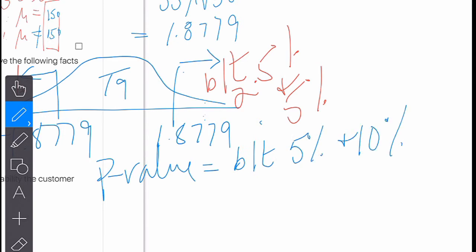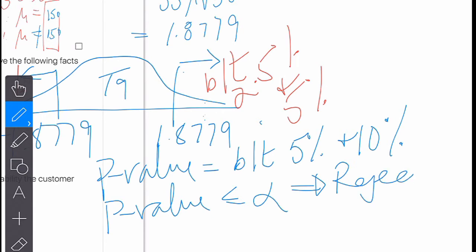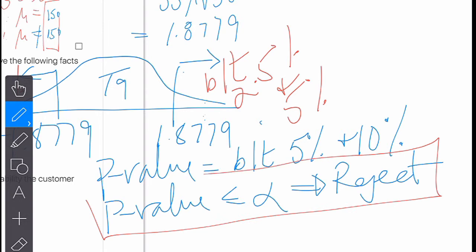And when we conduct the assessment of the p-value, we write, like we always do, p-value less than or equal to alpha means reject, but because it's not, we're going to fail to reject.